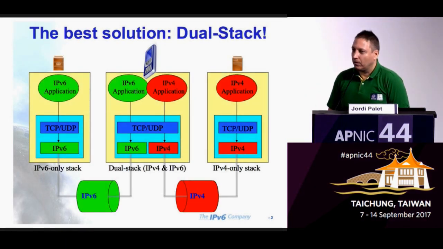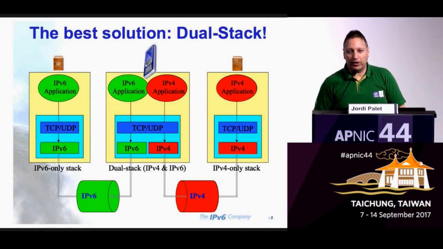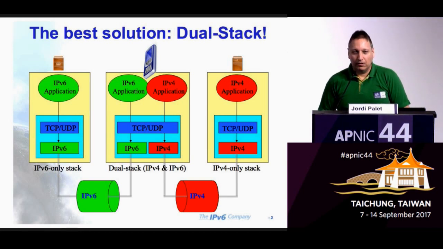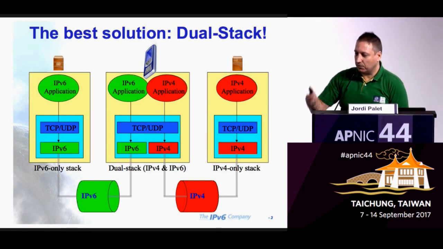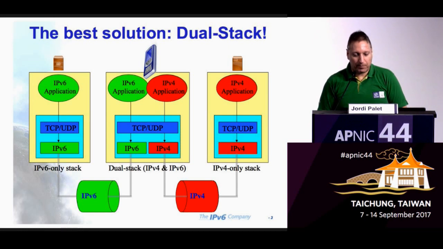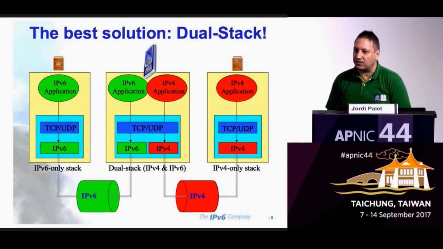So, do you think dual stack is the best solution? If we have an end user equipment, a cellular phone, a smartphone, being dual stack, that's the best way. This device can connect to both IPv4 and IPv6 devices. Do you agree with that? Yeah? Not really.